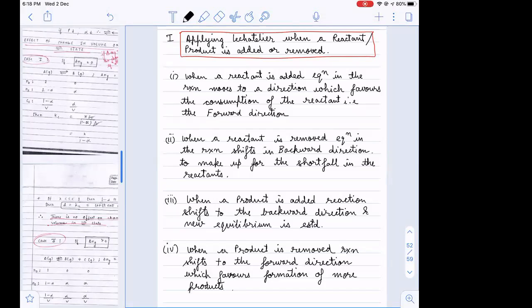Because in a forward direction, more products will be produced. To nullify the change, what is the change that you are trying to nullify? The product which you removed, the reaction is now trying to nullify it. Your removal of the product will be nullified by the reaction, by producing more of the product, by making the direction forward.